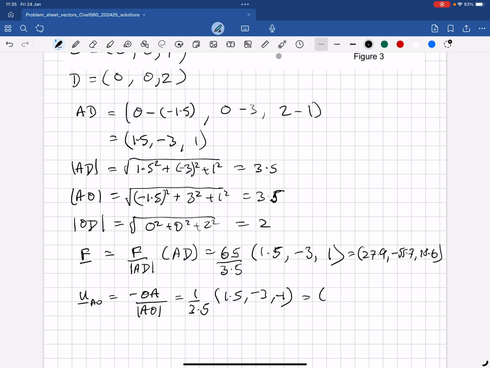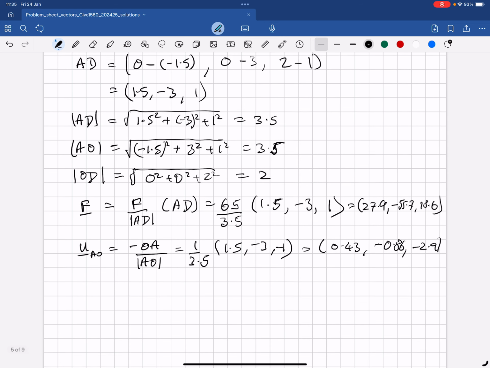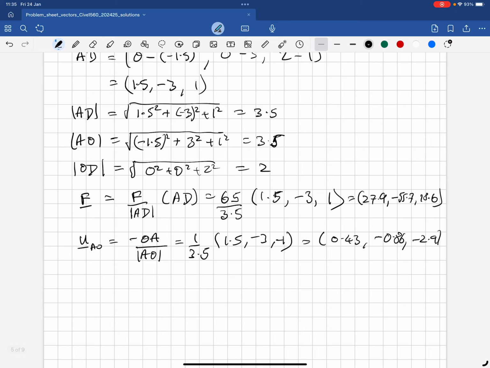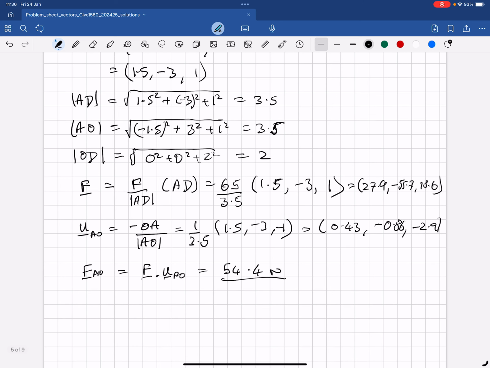We can write that out explicitly as well: 0.43, minus 0.86, minus 0.29. Then the force in the direction AO is equal to the force vector dotted with the unit vector AO. We can do that dot product and it comes out to be 54.4. Dot product or scalar product.